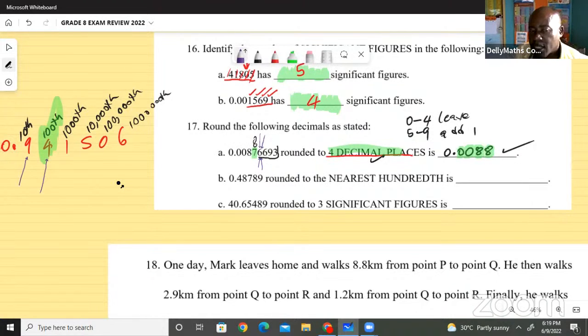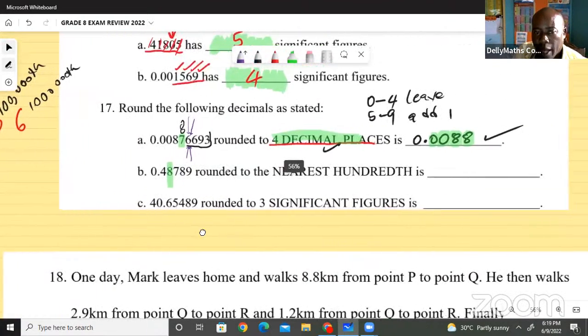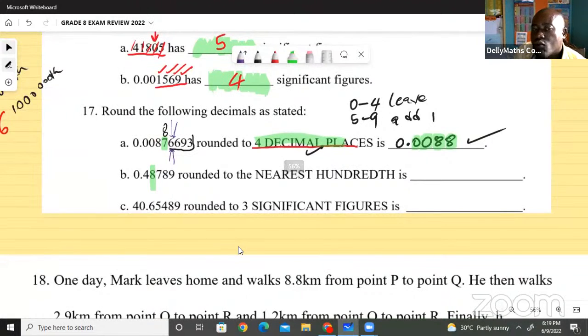So the 100th is the second spot in your decimal system, which means that we are going to identify the 8. The 8 is in the 100th spot. And then you're going to round off that 8. But you're going to have to look to see what is the number to the right. It's a 7. Check it out, that's a 7.